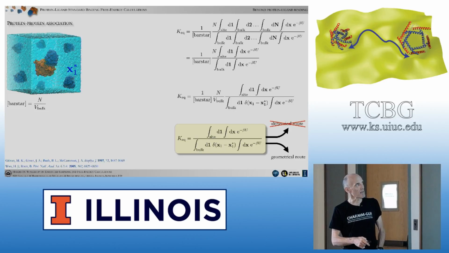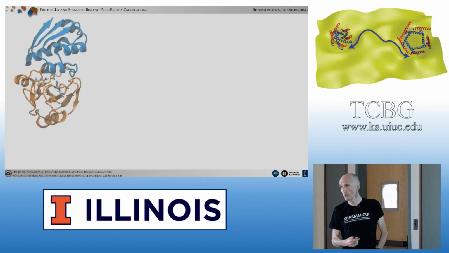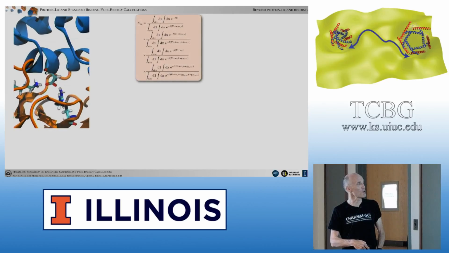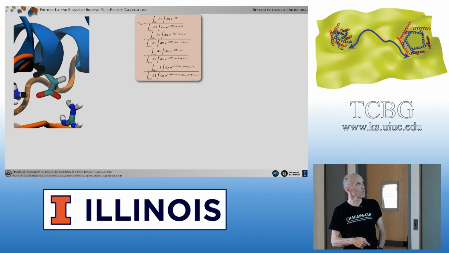But the difference here, for the reason that I mentioned previously, is that the perturbation induced by the disappearance of the ligand, of bar star, is so huge, and the reorganization of the solvent will be so substantial, that it actually precludes using the alchemical route. So what we do instead is we resort to the geometric route.